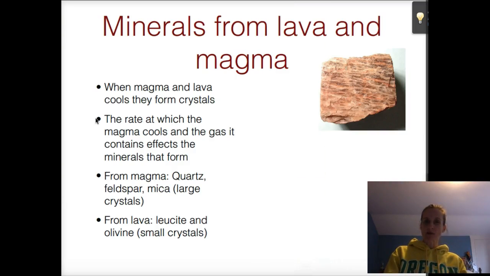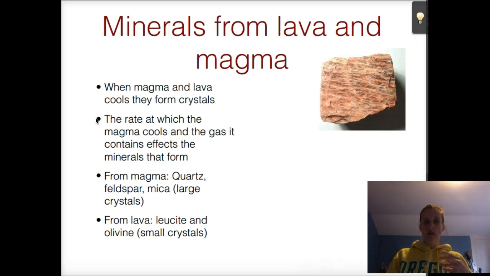Finally, we can have minerals that form from lava and magma. Now, lava is magma that has come to the surface and broken through Earth's surface. These form different types of minerals because they have much different cooling rates. When magma and lava cool, they form crystals.